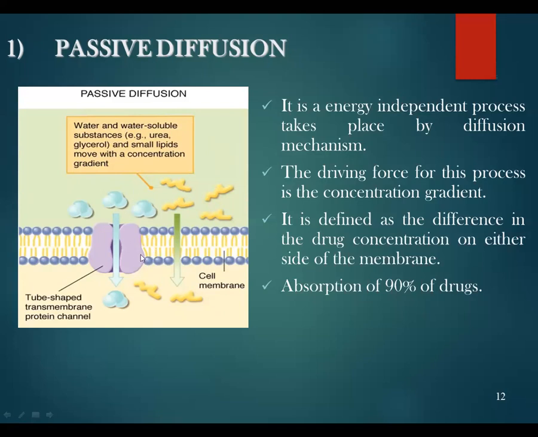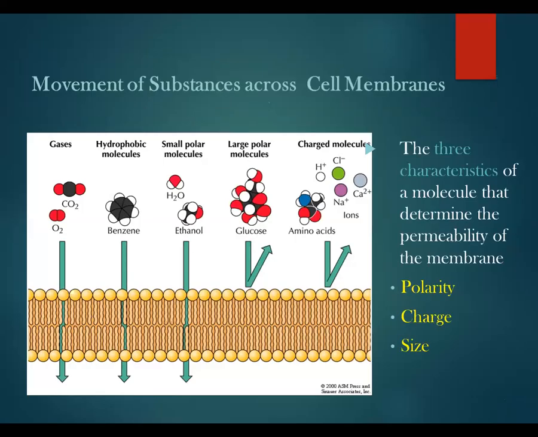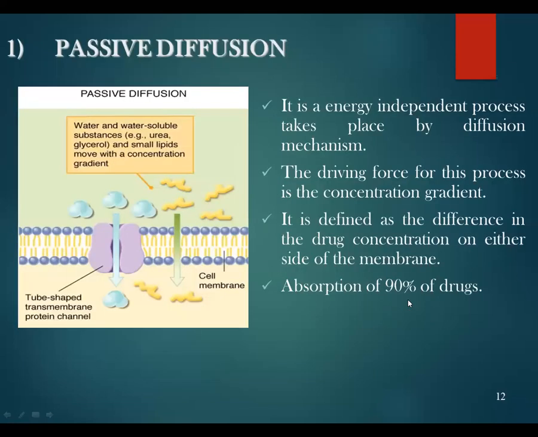With this schematic picture, what you can understand is the drug molecules are trying to cross the plasma membrane, and it depends on the polarity. That's what we understood in the previous slide. The three major characteristics which play a role in the movement of drug molecules are polarity, charge, and size. All these properties influence the movement of the drug molecule.